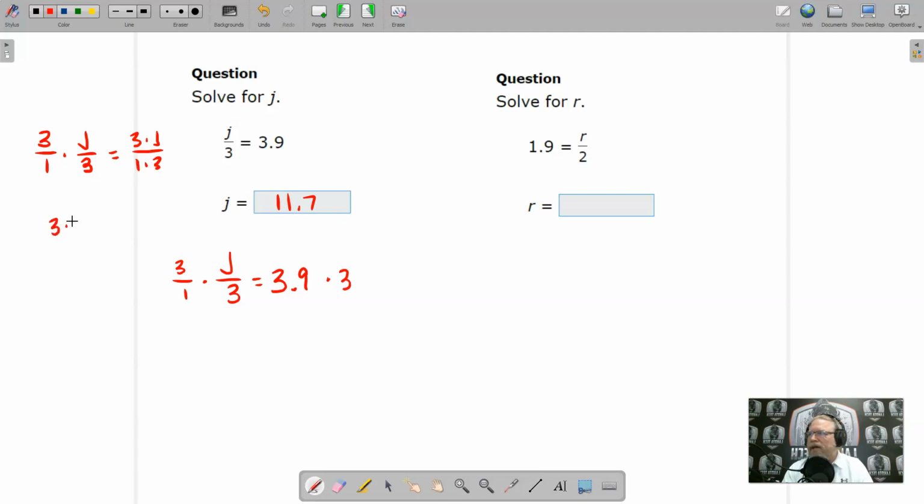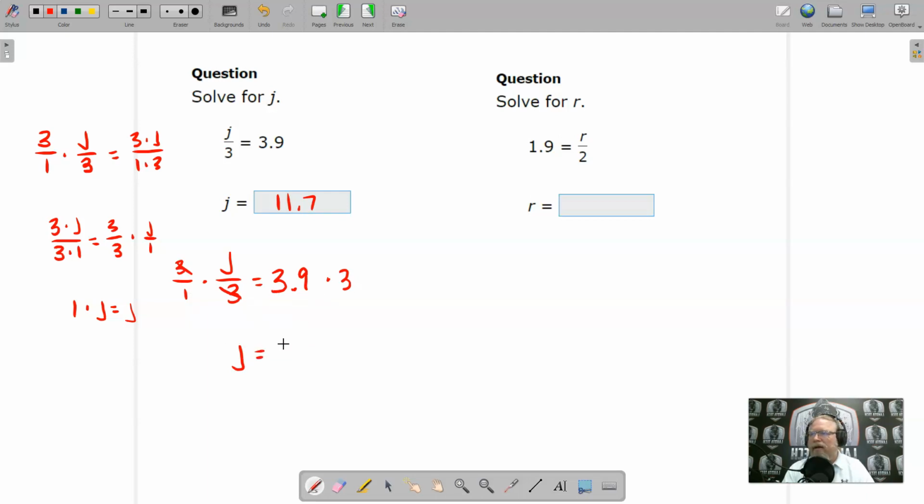So I'll end up with 3 times J over 3 times 1. Well, I could then pull it apart. 3 over 3 times J over 1. 3 over 3 equals 1. J over 1 equals J. And 1 times J equals J. So we just end up with the J down here. That's why the 3's cancel each other and leave us with just J.